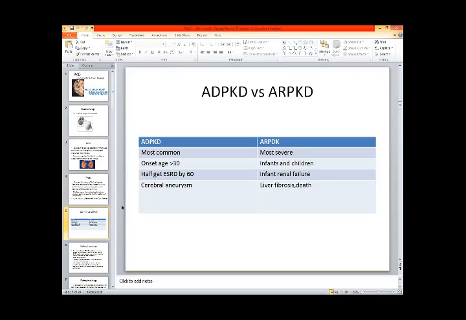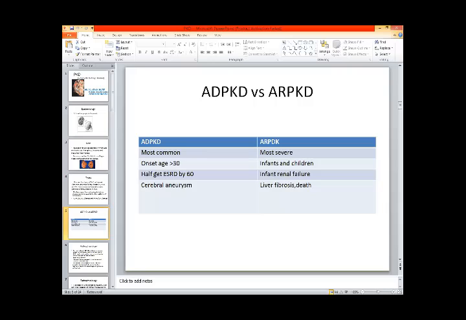Now, there is a difference between the two disorders. Autosomal dominant polycystic kidney disease is the most common, while in contrast, autosomal recessive polycystic kidney disease is the most severe form. Onset in autosomal dominant is usually after 30 years, but autosomal recessive disorder presents in infants and children.